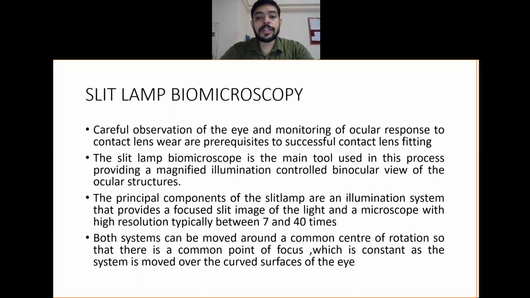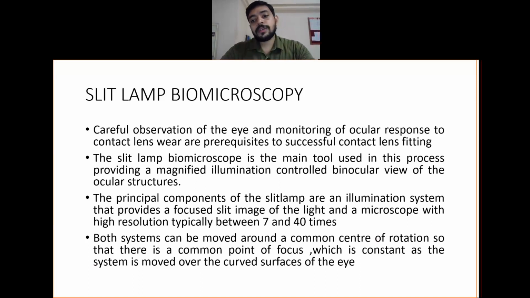The principal components of the slit lamp are an illumination system that provides a focused slit image of the light, and a biomicroscope with high resolution, typically between 7 and 40 times. So the basic components of a slit lamp are an illumination system as well as an observation system. Along with that, we have a mechanical support too, which is not an optical part, and is only there to support the patient.